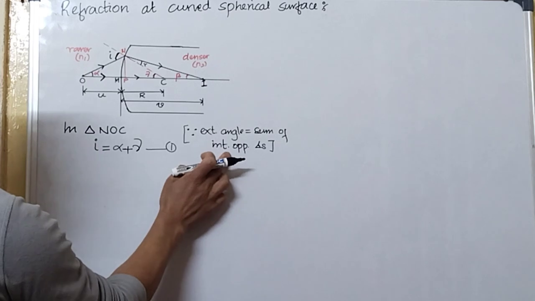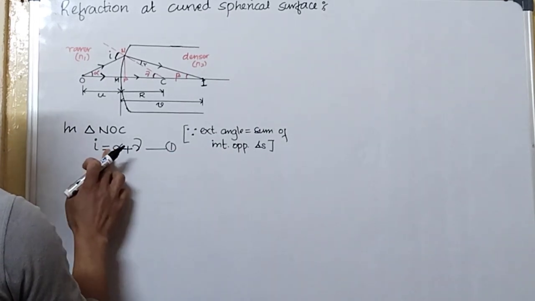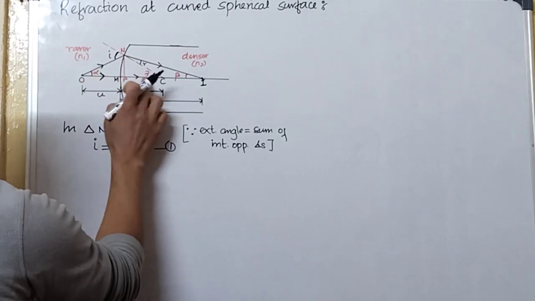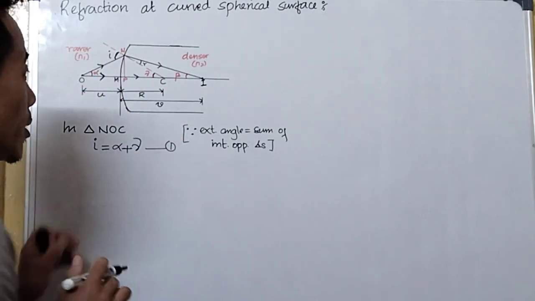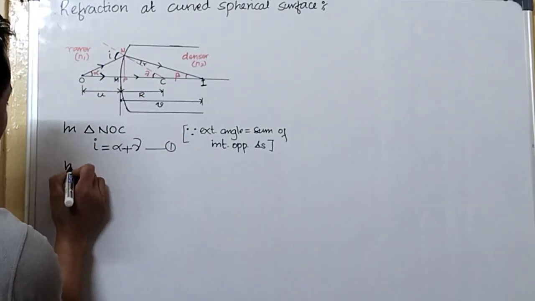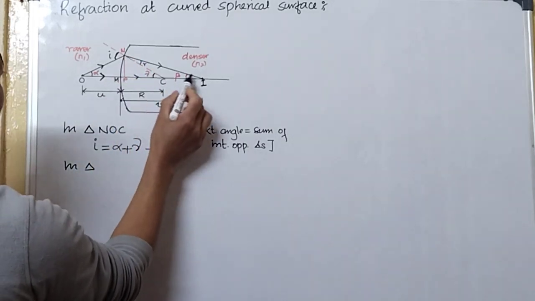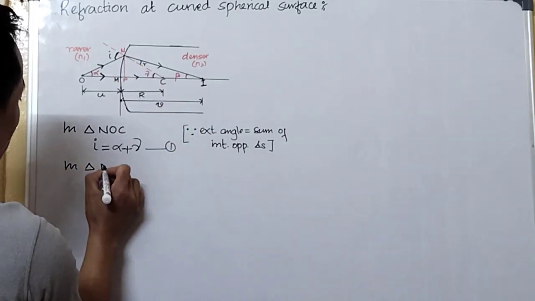Therefore we have written, using this theorem, exterior angle I equals the sum of interior opposite angles, which are alpha and gamma. So similarly, if you take another triangle, which triangle are we going to take? We are going to take NIC.